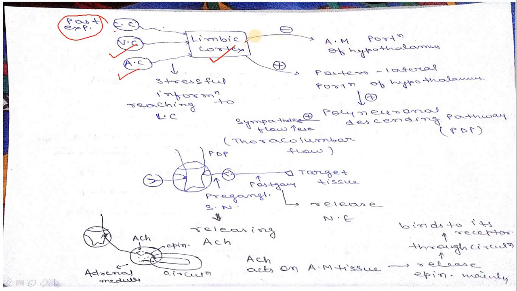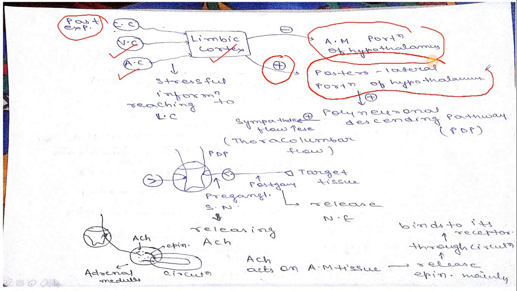From here nerve fibers arise which will innervate the anteromedial portion of the hypothalamus, and neurons which will excite nerves present in the posterolateral portion of the hypothalamus. Clear? So the message comes to the limbic cortex.